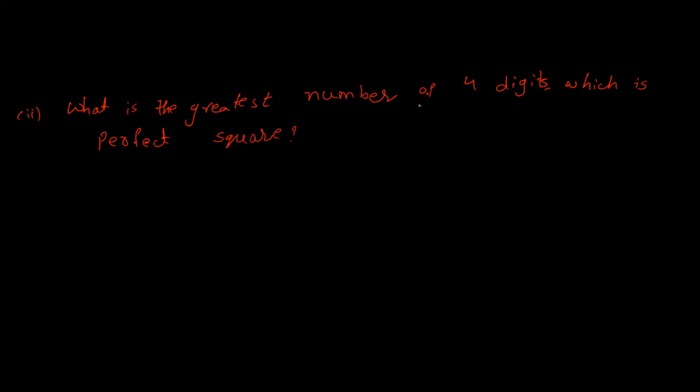To solve this question, first write the greatest 4-digit number. 9999 is the greatest 4-digit number, but we don't know whether it is a perfect square or not.